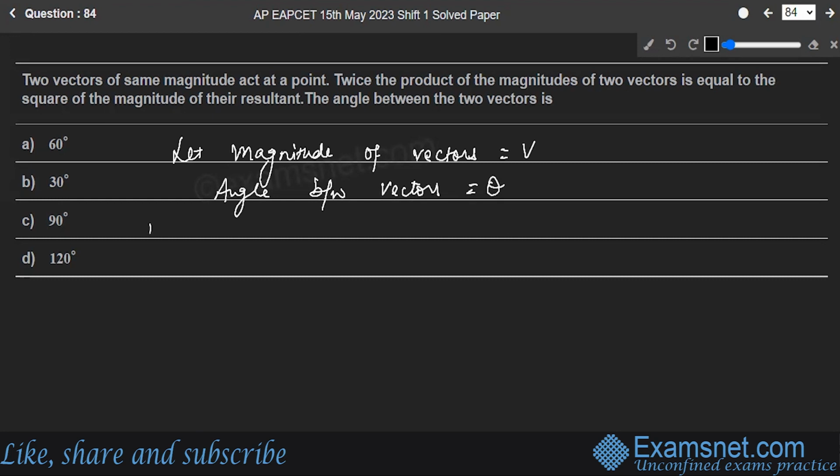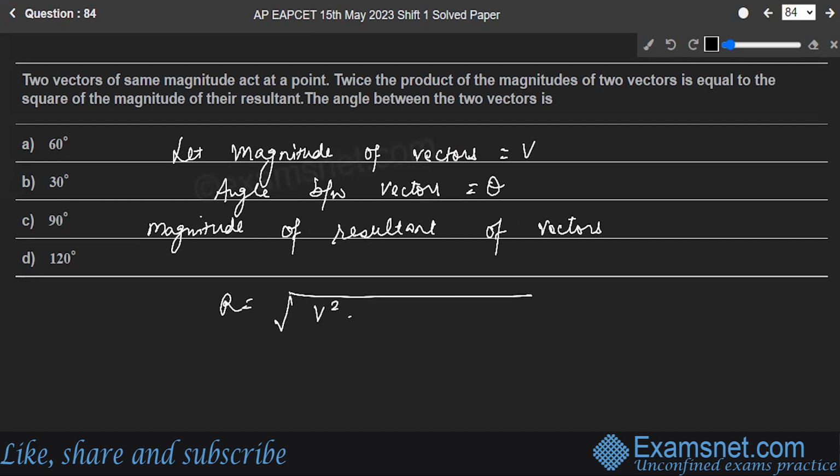So magnitude of resultant of vectors R is given by root of V square plus V square plus 2V square cos theta.